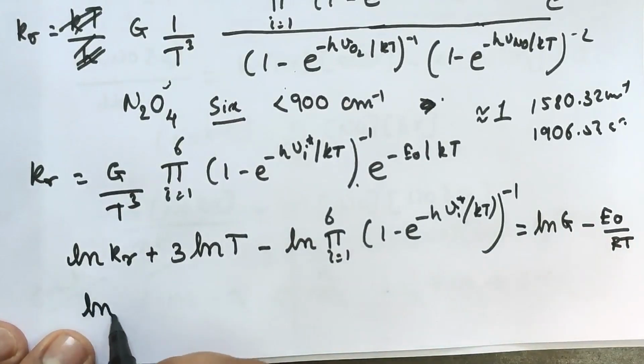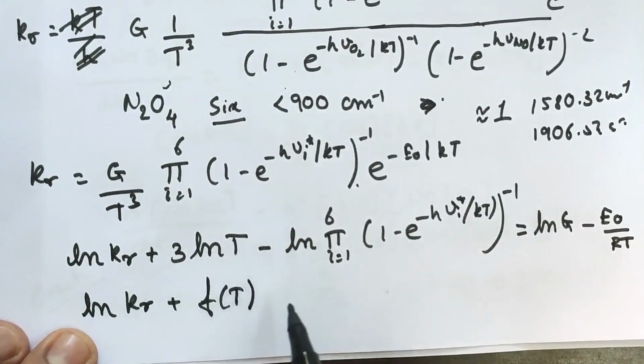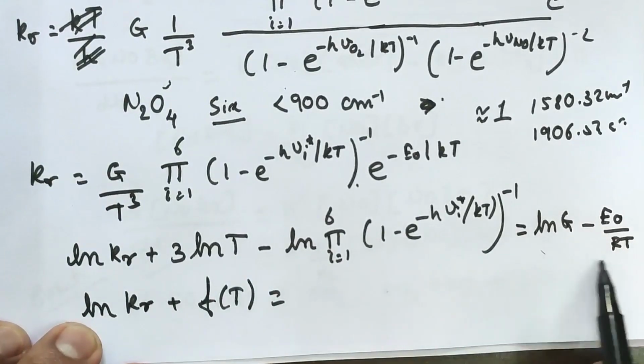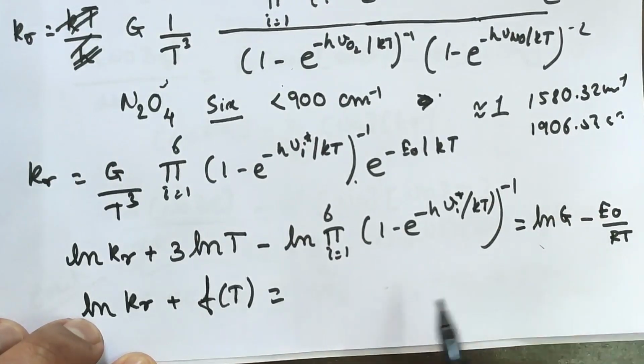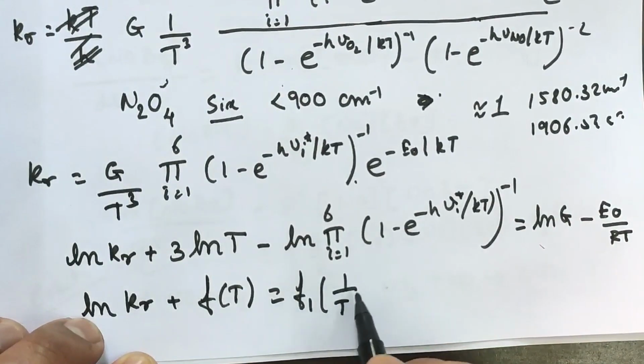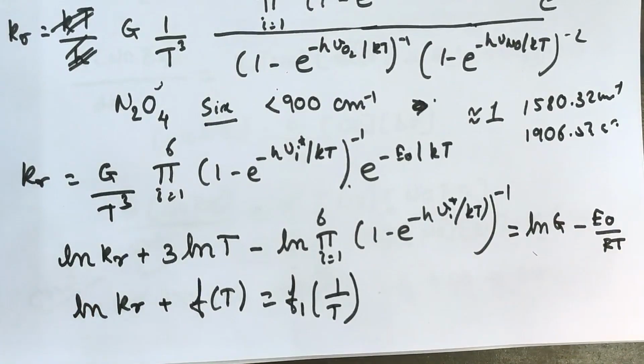So we will have ln kr plus function of T equal to, and again both of these I am taking together because it is only a function of 1 upon T, so we can write f1 into function of 1 upon T. So this will be the expression.